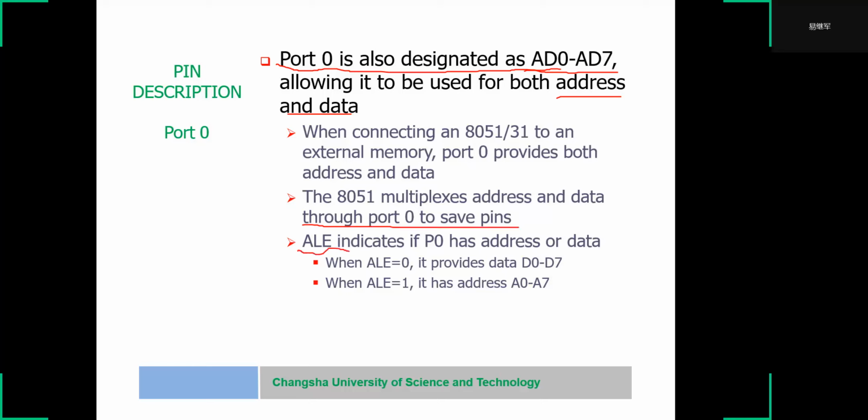ALE indicates if P0 has address or data. When ALE is equal to 0, it provides data. When ALE is equal to 1, it has address.